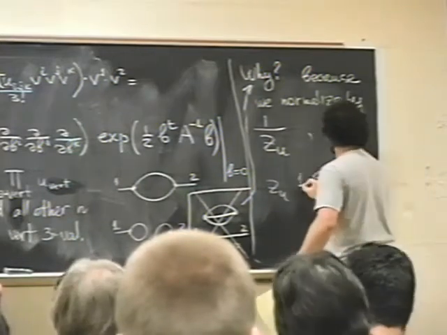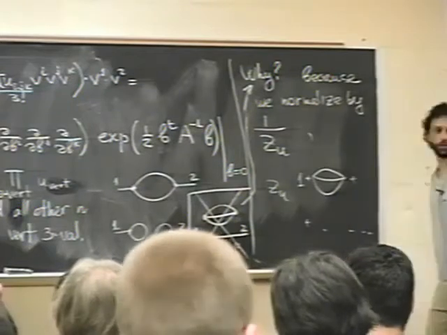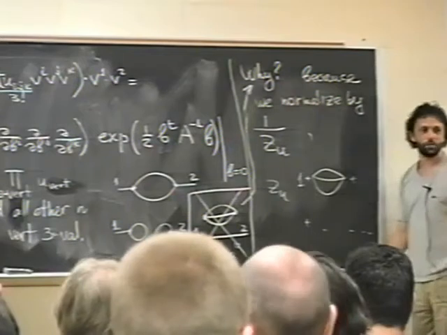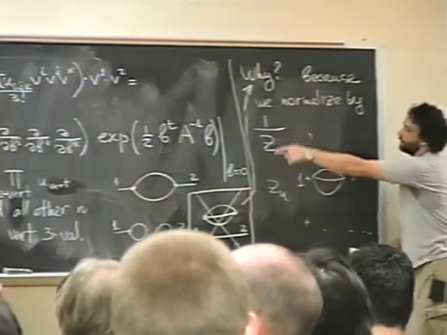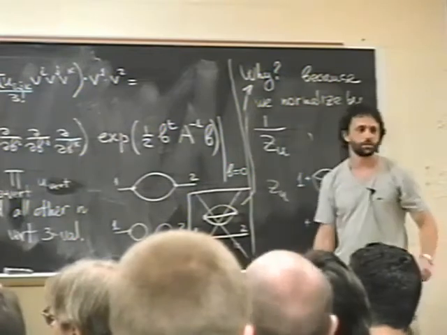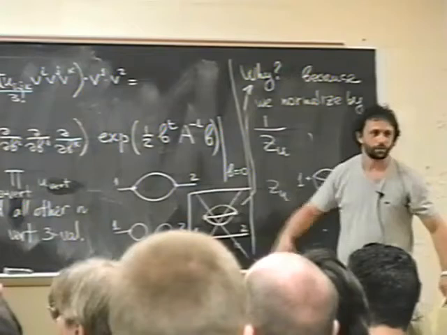It was 1 plus this graph plus graphs with more vertices. But this graph already entered in the expansion of Zu. So when I normalize here, such terms will just disappear. I will divide by these quantities.